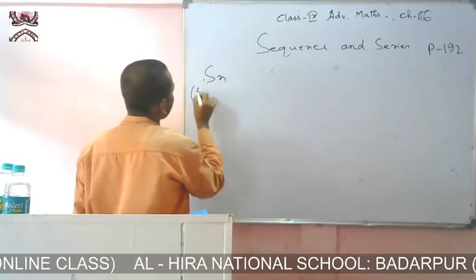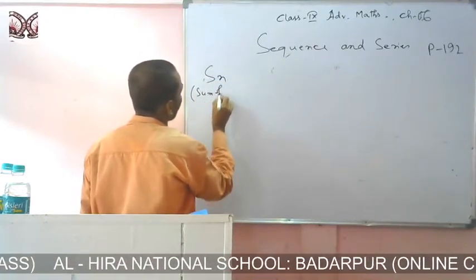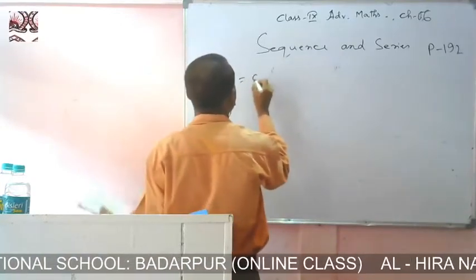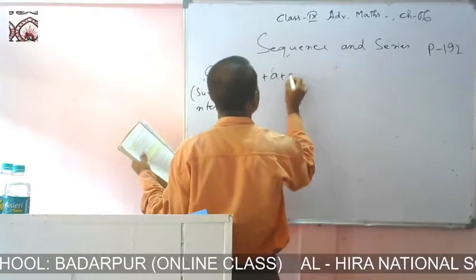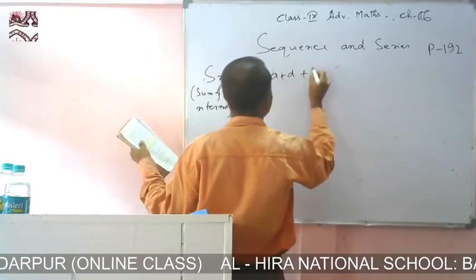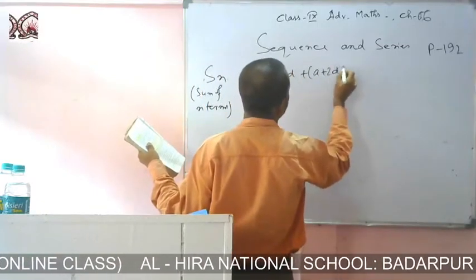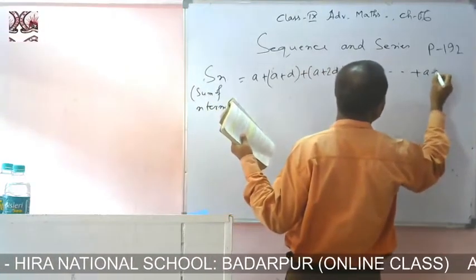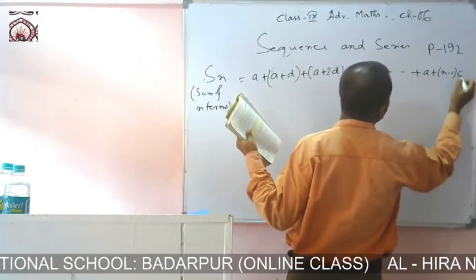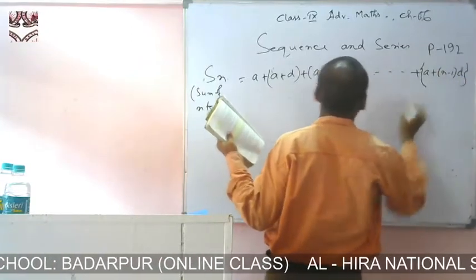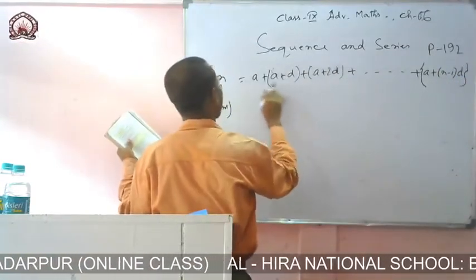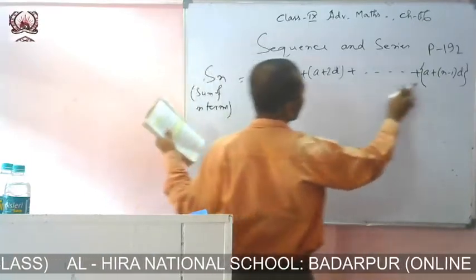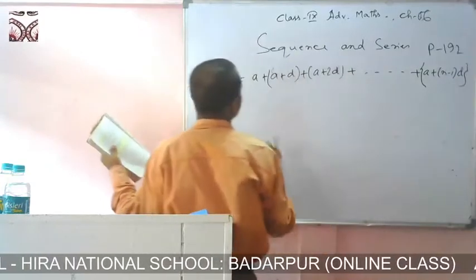Sn means the sum of n terms, which will be a plus d, and then a plus twice d, and the last one is a plus n minus 1 into d. This one is the last term. So Sn is a, a plus d, a plus twice d, and the last term is a plus n minus 1 d. So a is the first term.